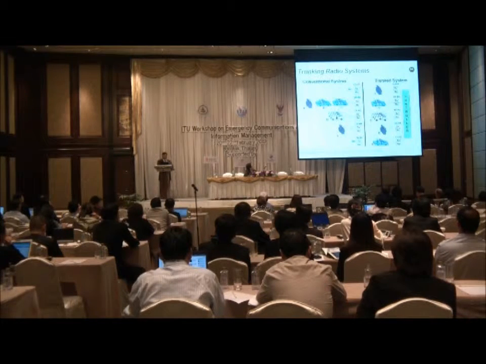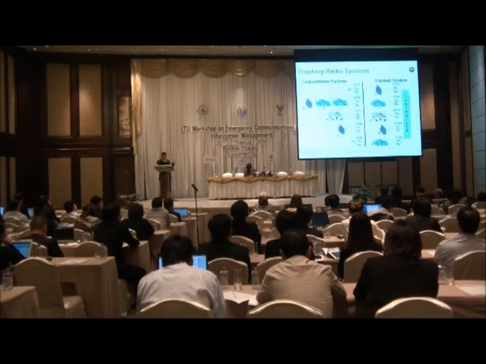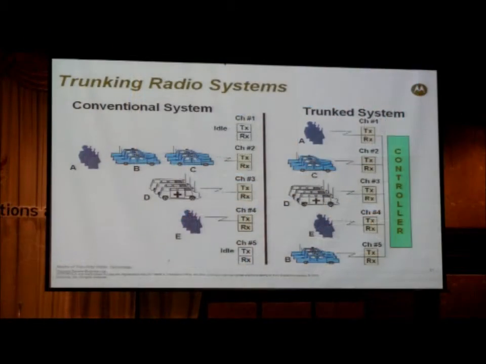In a trunking system, the resources are allocated automatically depending on the need. So the moment the fire person needs a channel, it gets automatically allocated. The moment a ground person needs one, the frequency can be allocated.